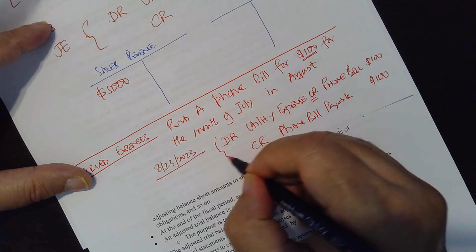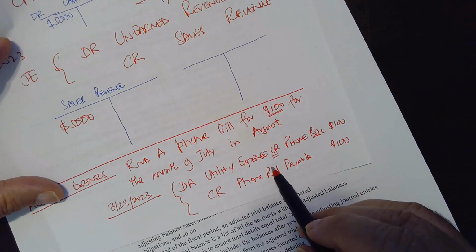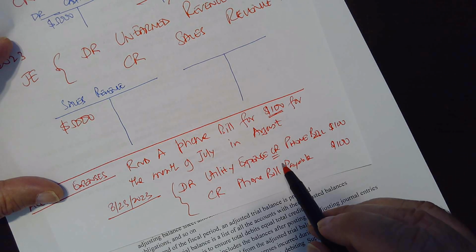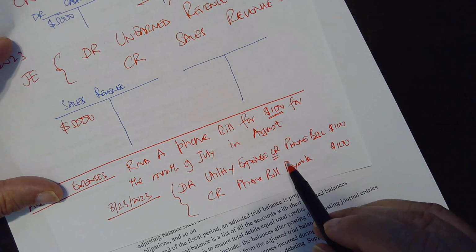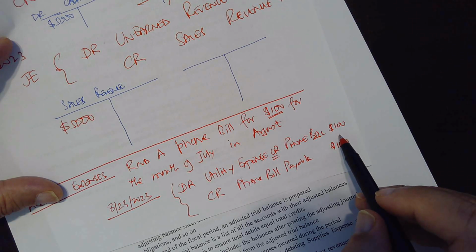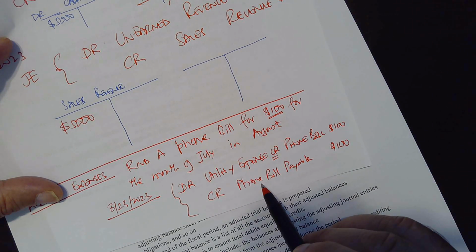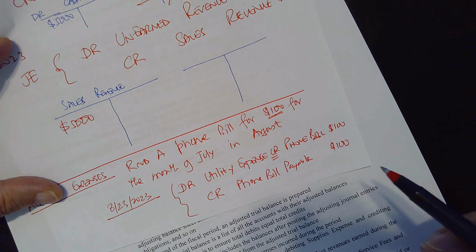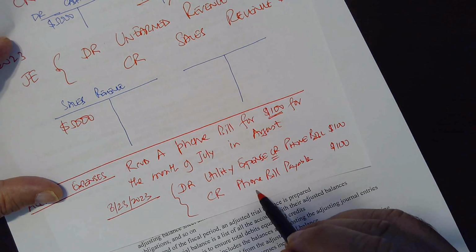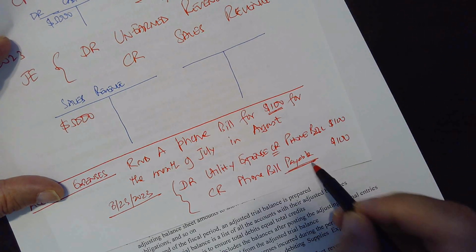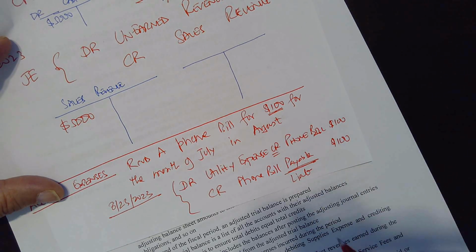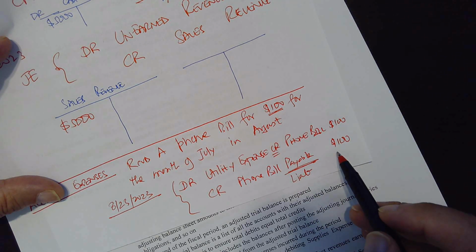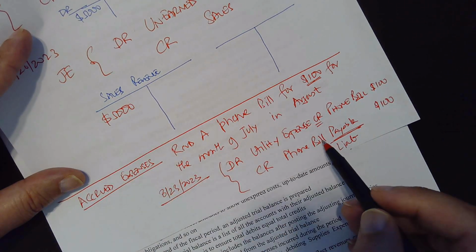So what you are saying here is, yes, I acknowledge that I have used the phone service provided by the phone company in the month of July, and they have sent me a $100 bill. I recognize both. However, I don't have the money to pay right now. I will pay you some other time in the future, next week, next year. So I am recognizing by saying it's a payable that it is my liability. It is a liability of a business to pay at some point in future this $100 to the phone company. So this is an example of accrued expense. Okay.